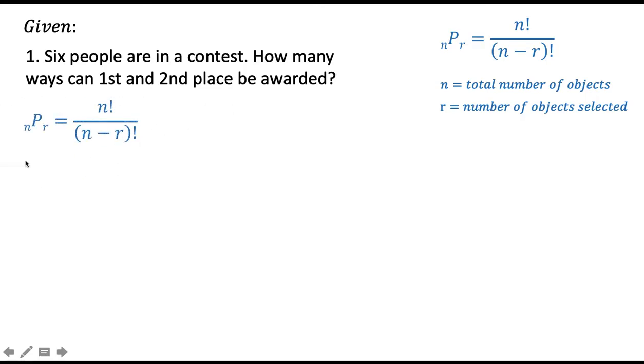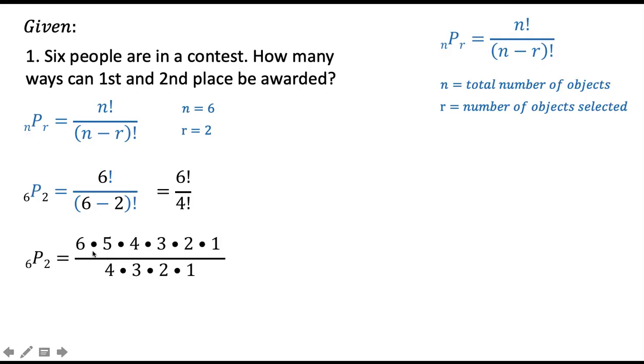So we're going to use the permutation formula, and we're going to identify our n in this case. Since the n here is the total number of objects or people, there are 6, and 2 taken at a time, first and second. So therefore, our r is 2. We're going to put it in our formula, then simplify. So 6 minus 2 is 4 factorial, expand them.